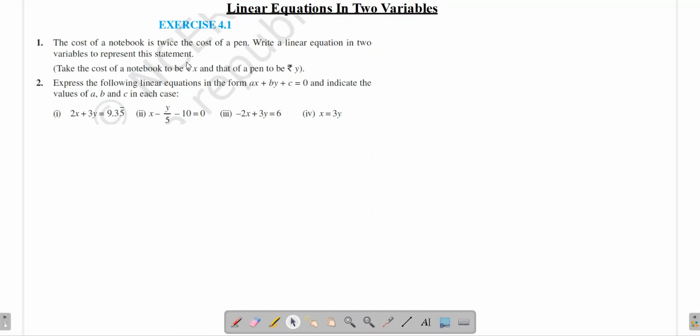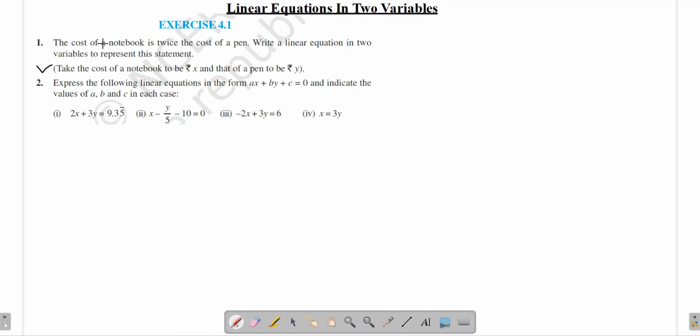Over here, if you can see, there is a hint given. Take the cost of a notebook to be rupees X and that of a pen to be rupees Y. Mind you, in your examination, this hint will not be provided. You need to think for yourself what to take as X, what to take as Y.